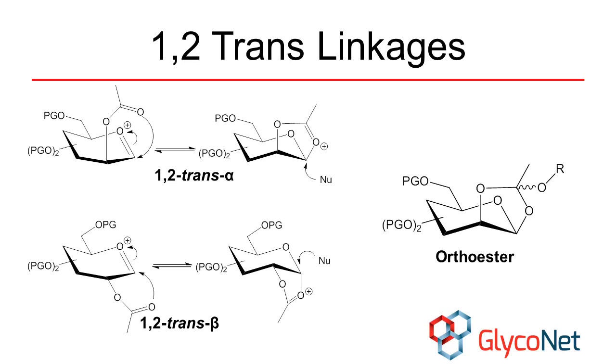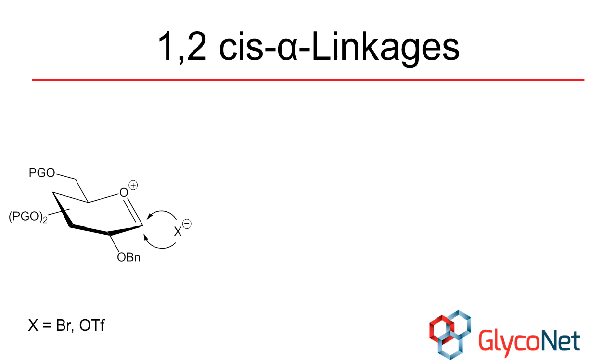Orthoesters formed from thioglycosides or trichloroacetimidates will usually rearrange to give the desired product. If the reaction is too acidic, it will promote anomerization to the glycoside favored by the anomeric effect.